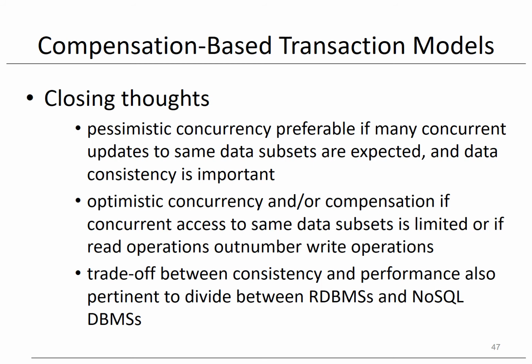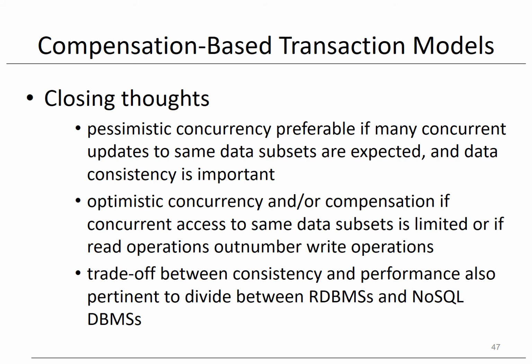In some loosely coupled settings, compensating transactions are the only technically feasible alternative, whereas in others, the trade-off can be considered between enforcing ACID properties and higher performance. An approach with pessimistic concurrency is preferable where many concurrent updates to the same data subsets are expected, especially if data consistency is important.